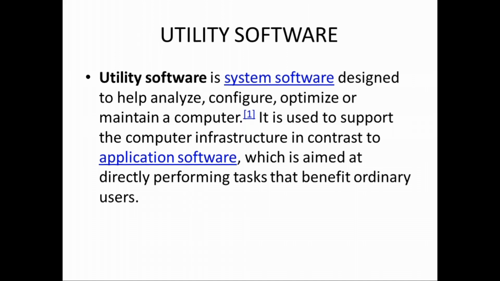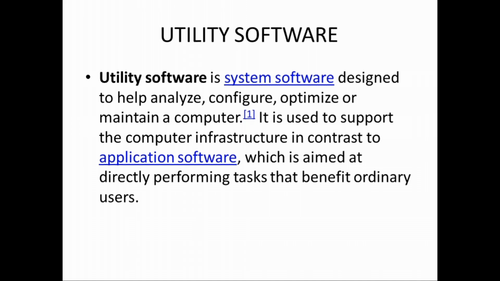Now, what I would say there as regards the definition of a utility software is that the utility software helps you to enhance the features or the performance and the usage of a system. So we say it's designed to help analyze, configure, optimize, or maintain a computer.